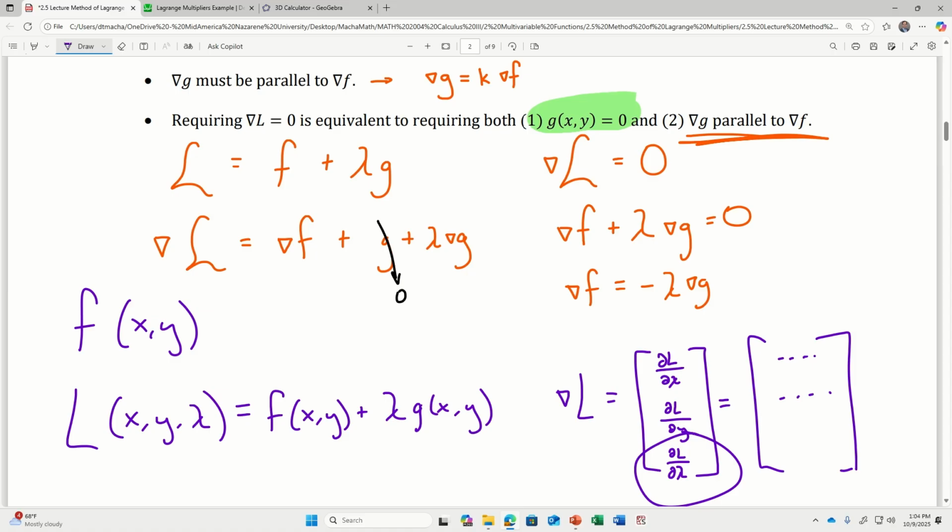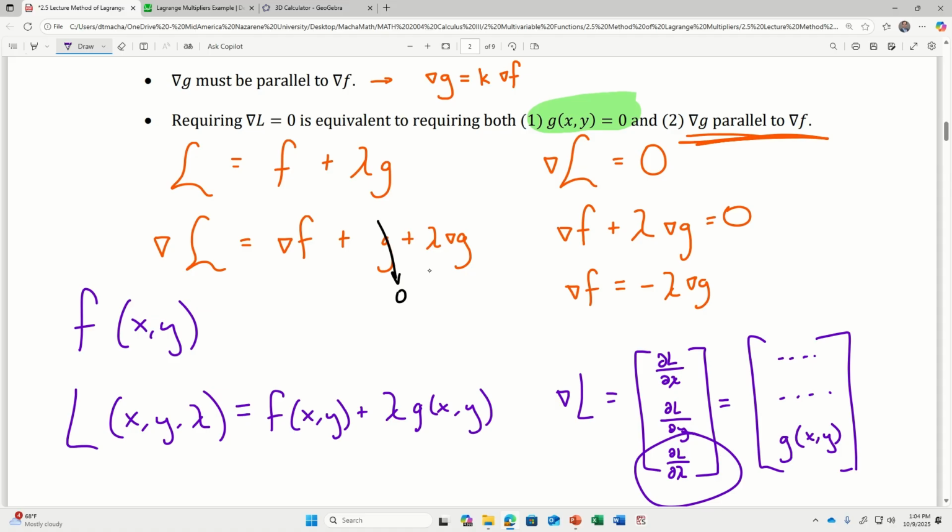And so whenever I do this, and you'll notice this more when we start working some examples in a minute, that third entry in my gradient of the Lagrange function vector is just going to be the g function.